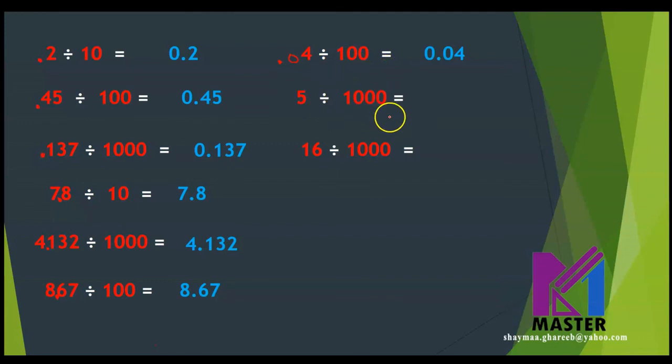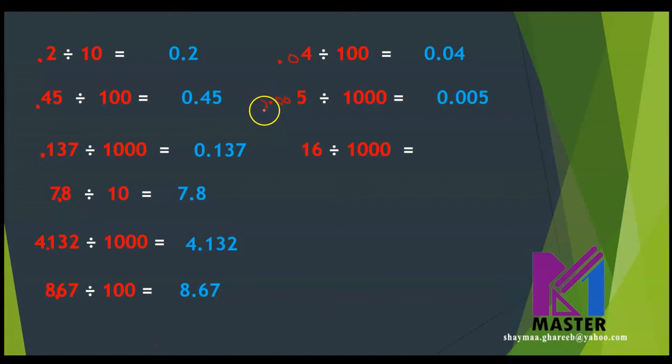Okay, 5 divided by 1000, exactly the same. It's same as 5 over 1000, which is 5 thousandths. So how to write 5 thousandths? 5 in the thousandth place. And we also can say, I need 3 places, so I will add 2 zeros before the 5 to be able to put a decimal point after 3 places.